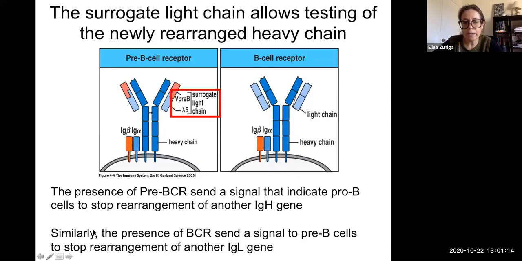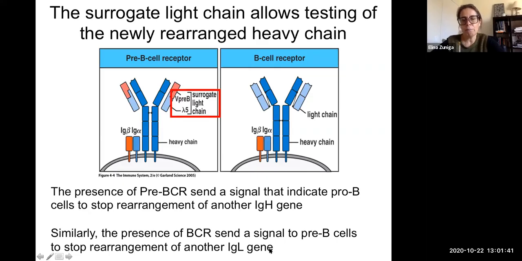Okay, similarly to that, later in the development, the presence of the BCR in the second checkpoint sends a signal, in this case in a small pre-B cell, to stop rearrangement of another immunoglobulin light chain gene.